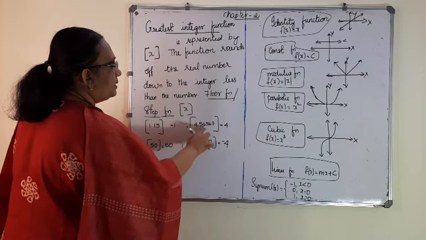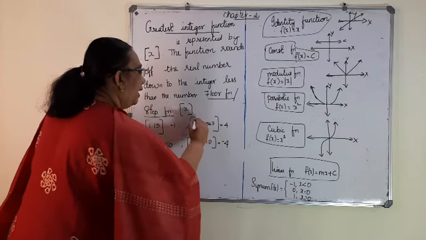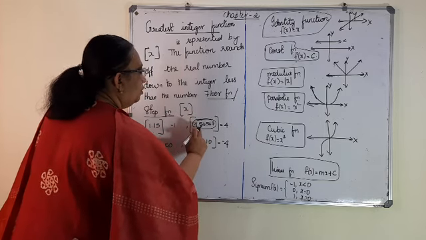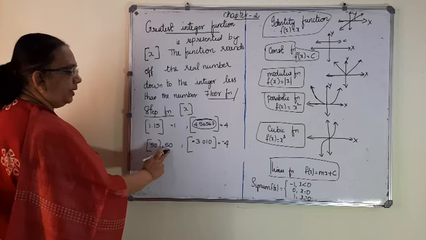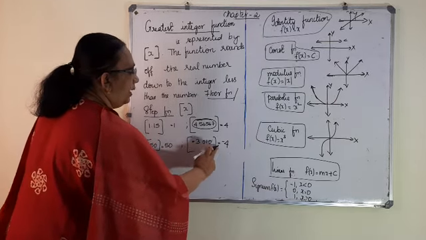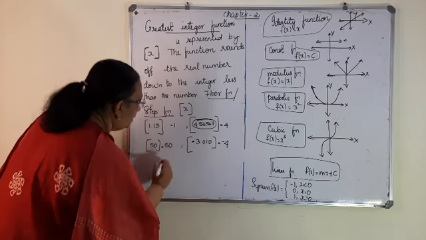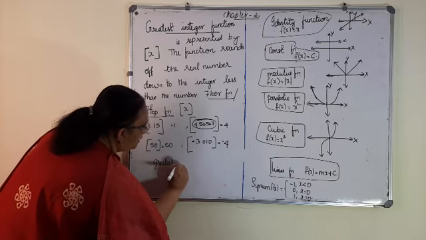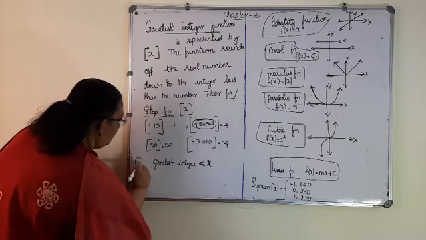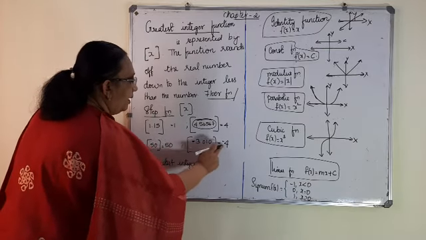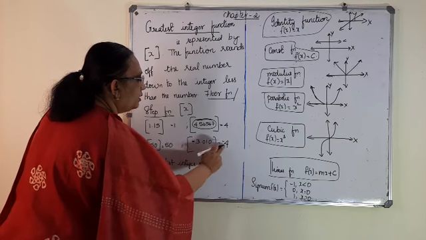When you take 4.56567, it will not be 5; the greatest integer less than or equal to x is 4. The greatest integer of 50 is 50. For minus 3.010, the greatest integer less than or equal to it is minus 4.